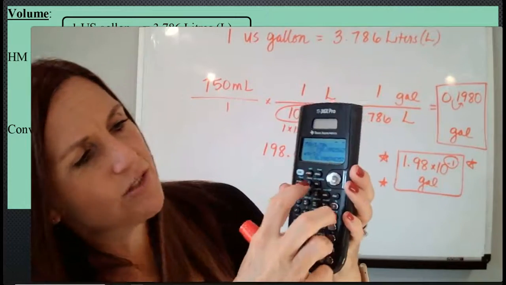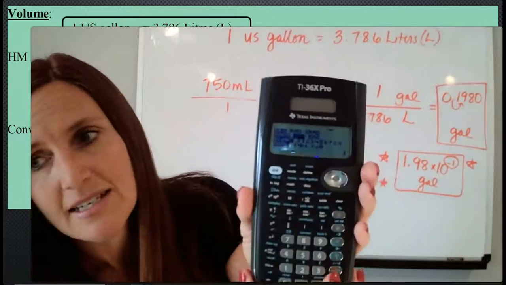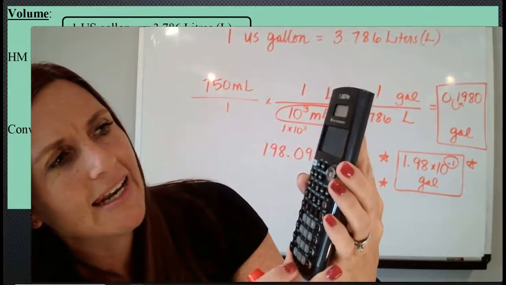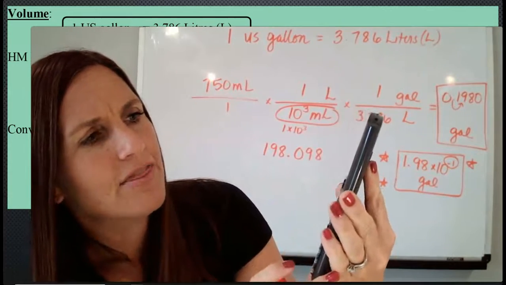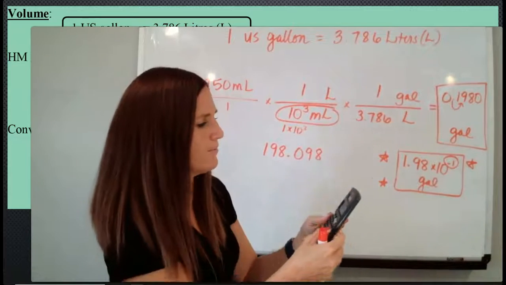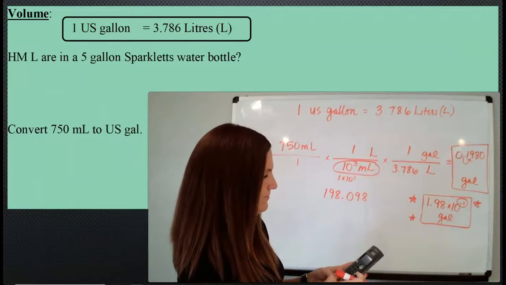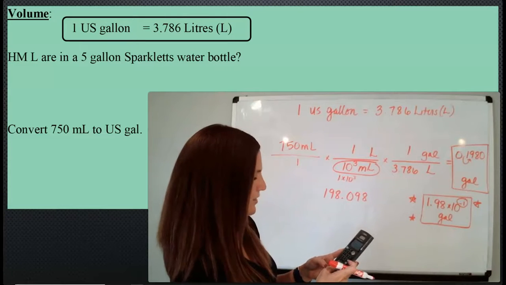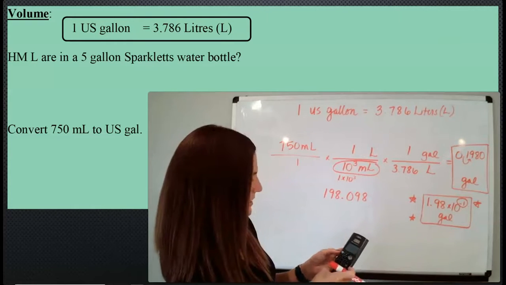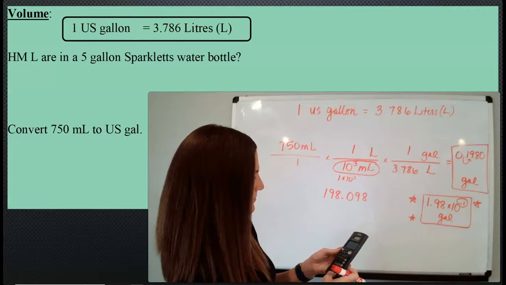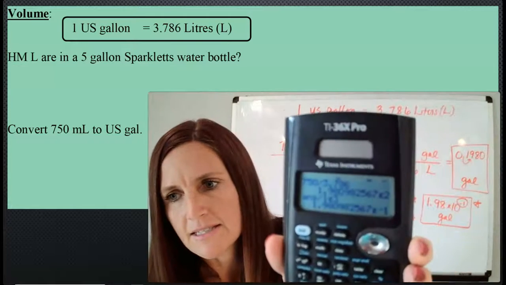The other way to know it, this is the easier way, is I'm just going to take my calculator that's not in scientific notation, and I'm going to say mode, and then select SCI and hit enter so that it's in scientific notation. And then if I plug it back in and I say 750 divided by 3.786 divided by 1 times 10 to the 3, I end up with 1.98 times 10 to the negative 1.